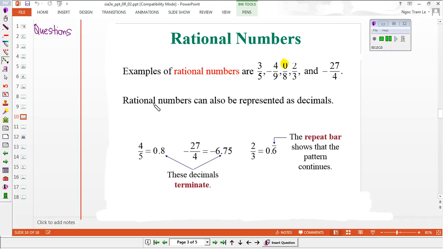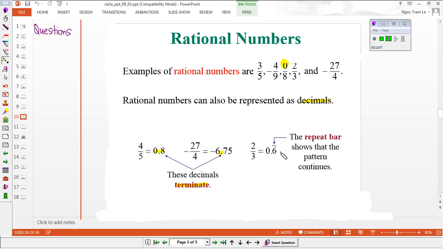And we also remind you that rational numbers can also be represented as decimals. So you can see right here 4 over 5, we can write it as 0.8. Negative 27 over 4, we can write as negative 6.75. Now pay attention that the decimal, which is the number behind the decimal point, terminates.